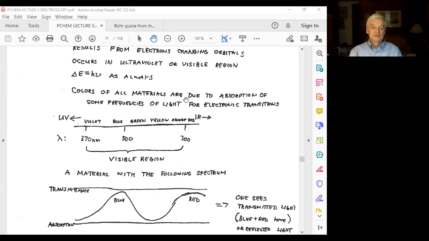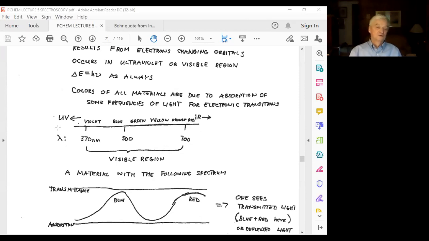Okay, so this is the beauty part. Colors of all materials are due to the absorption of some frequency of light for electronic transitions. The visible region that we look at goes from about 370 nanometers to 700 nanometers. If we go to longer wavelengths, we get into the infrared region.